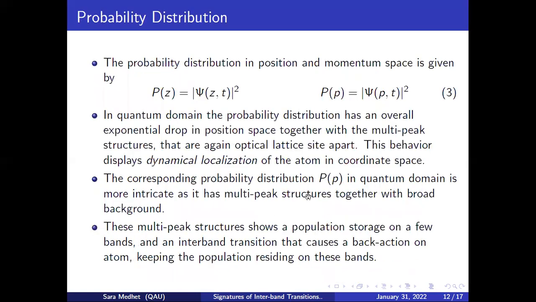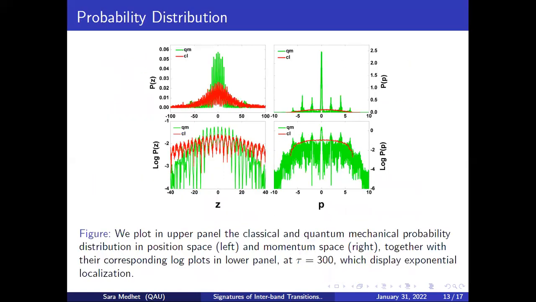Now coming towards the probability distribution. In our case, classically, that's the red line, the system is showing a Gaussian distribution, while quantum mechanically you can see a localized behavior. The peaks here correspond to the diffusion to the next lattice site. To get a clearer picture, we have plotted the log scale plot of the probability distribution in position space.